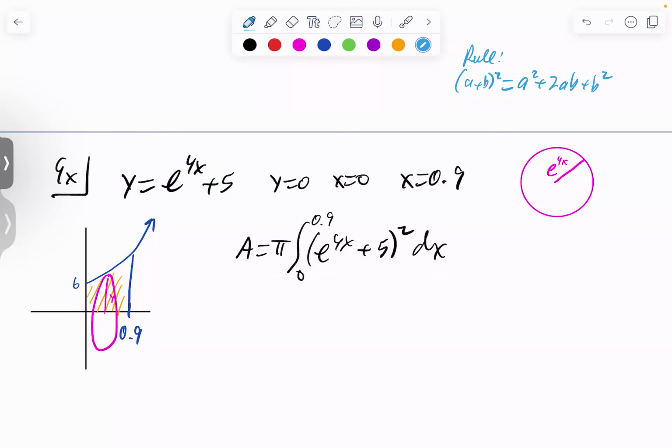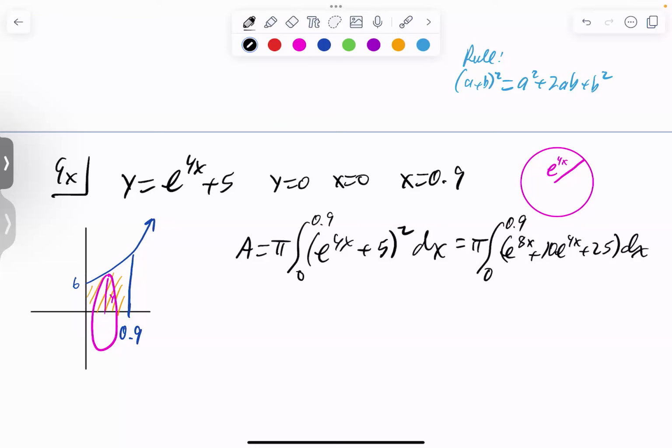So I'm going to go ahead and FOIL that out. E to the 4x squared is e to the 8x plus 2 times 5, so that's 10 e to the 4x plus 25 dx.